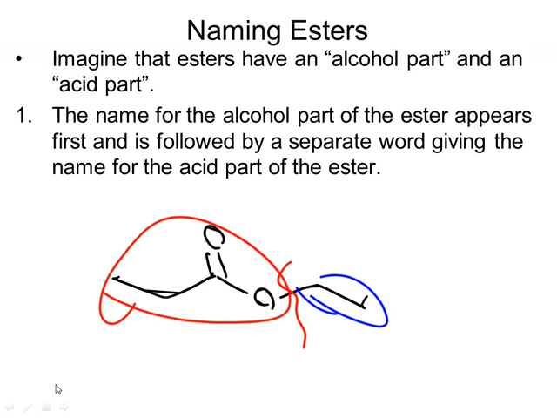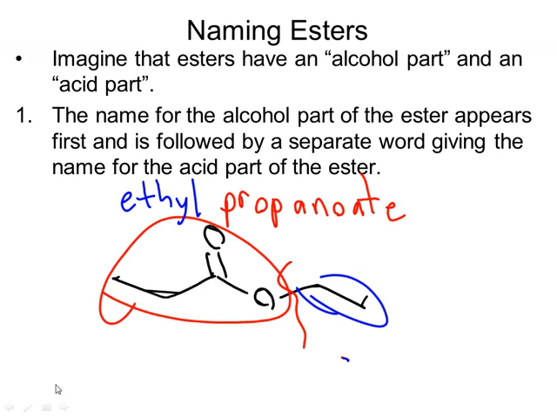As a substituent, that would be ethyl, and then the second word would be propanoate, as though it were the ion. So ethyl propanoate. The first word describes the alcohol half, what used to be the alcohol part, and this is the carboxylate part.